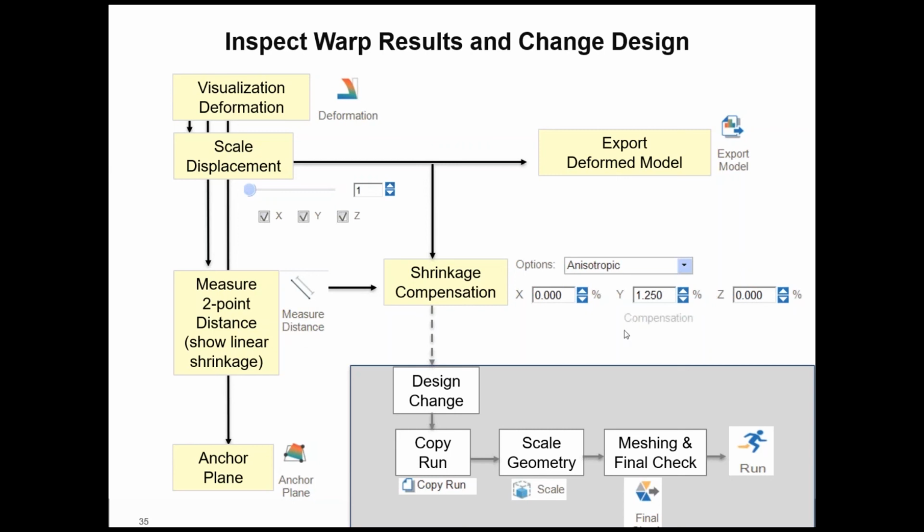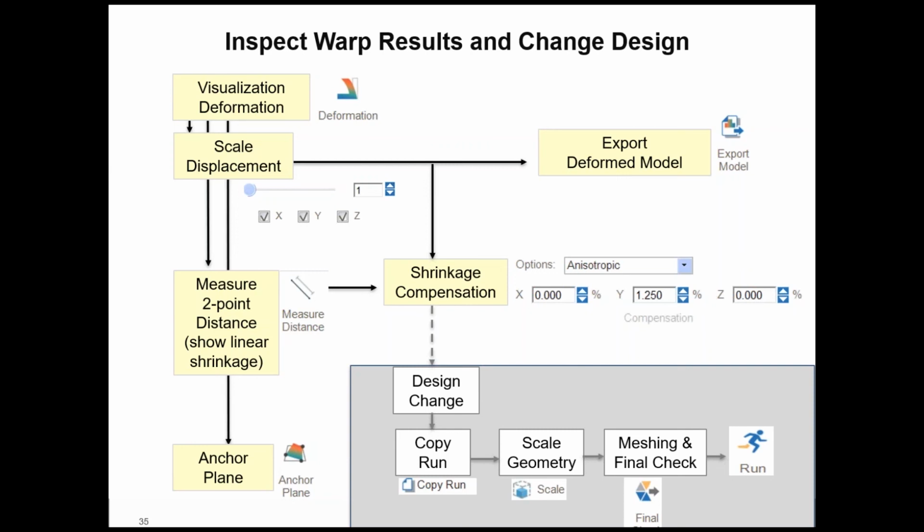And then, like we have in the current project, we have the shrinkage compensation capability, where you can actually put in a shrinkage factor. And what we have in R17 of Studio is by changing that, you can copy that run, and then you can scale the geometry.